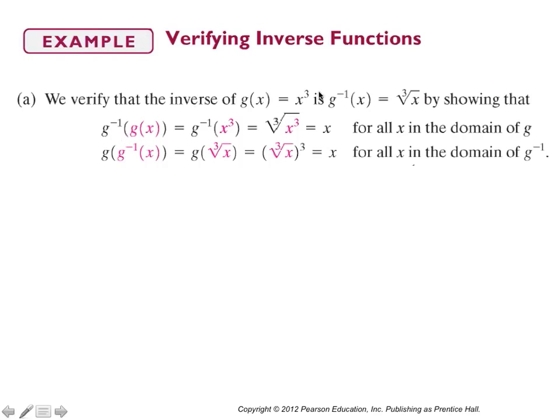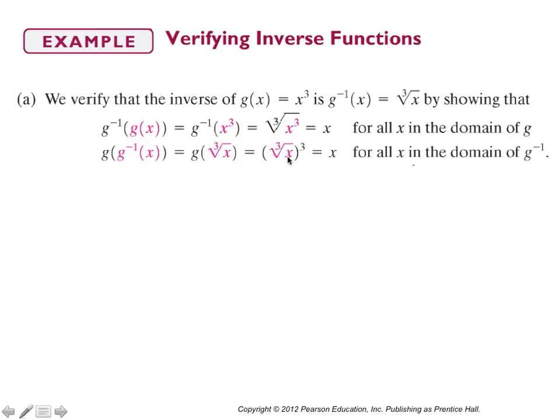So in order to verify this, what you have to do is take your g inverse of x, which is cube root of x, and plug that into your x cubed function. And then you also have to do it the other way around. So you take your x cubed function, plug it in for x into your g inverse of x. So right here, if we take cube root of x cubed, you should recall that cube root and cube are going to cancel one another out, just like we suspected, and so we're just left with x for that one.